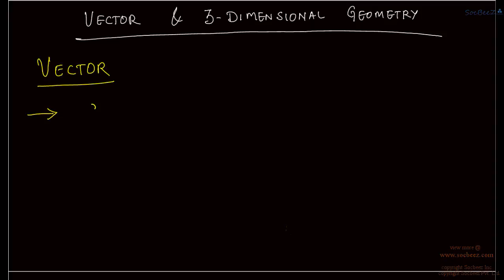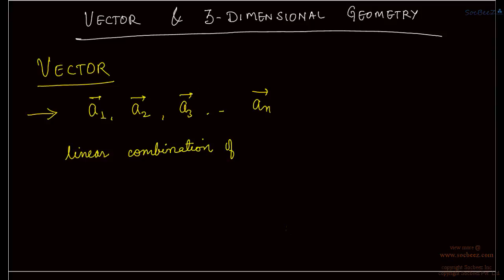Say there are n vectors a1, a2, a3, dot dot dot an. We define the linear combination of these n vectors as vector r.